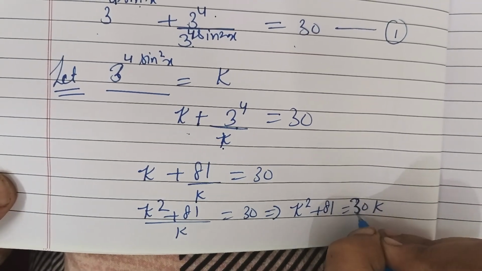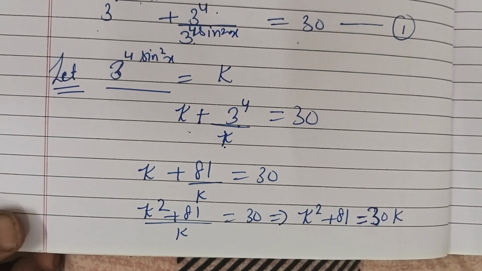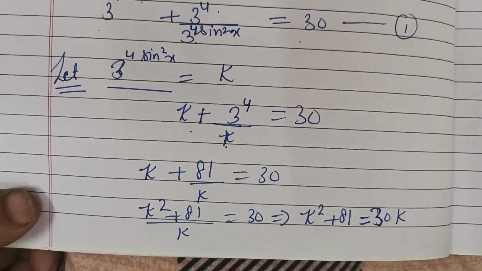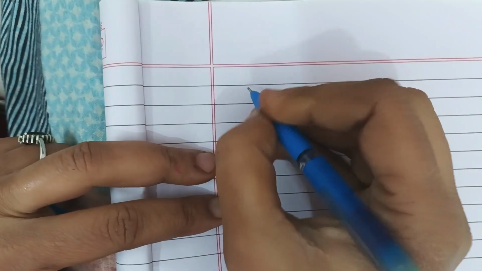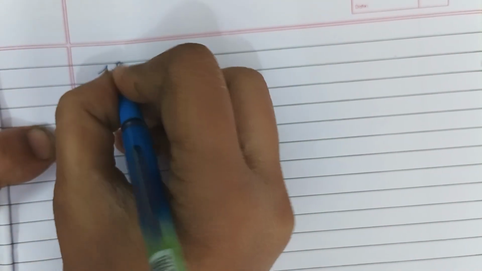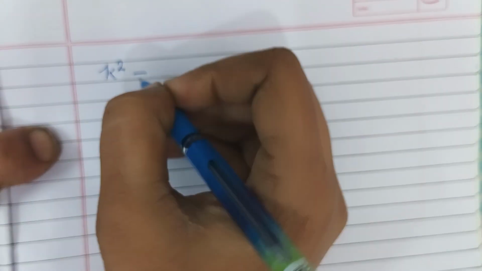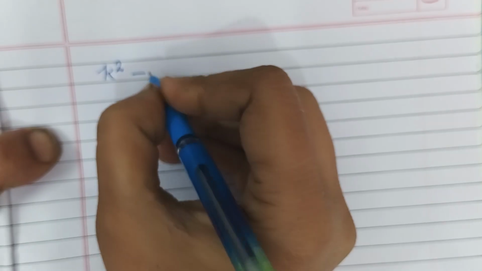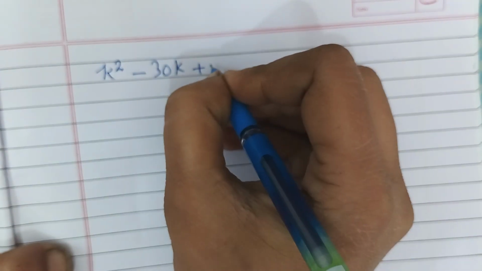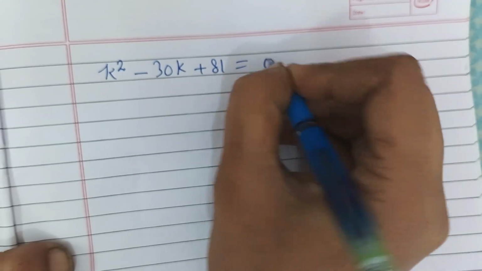Now we are making this a quadratic equation. So let's write it again. Now it will become k square minus 30k plus 81 equals 0.